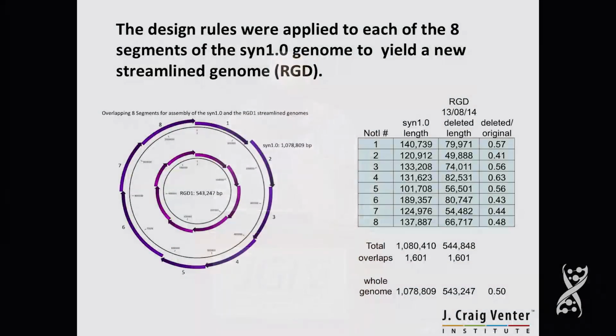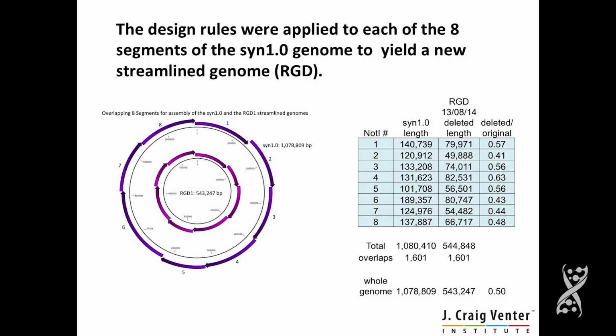So we were ready for the first design, and we came up with, here are the full lengths, 8 pieces. Here are the reduced segments and the fractional content. So it was a genome that was about 50% of the starting size. And we went ahead and synthesized that.